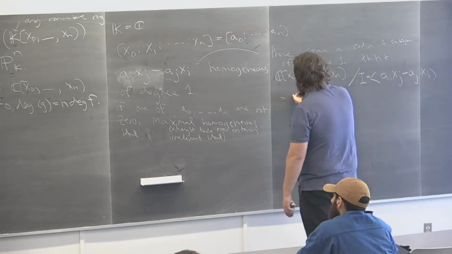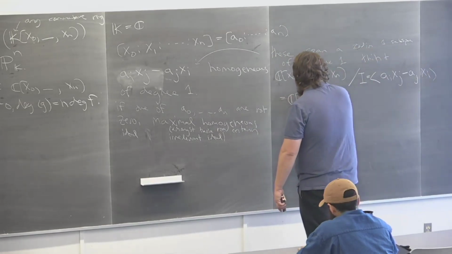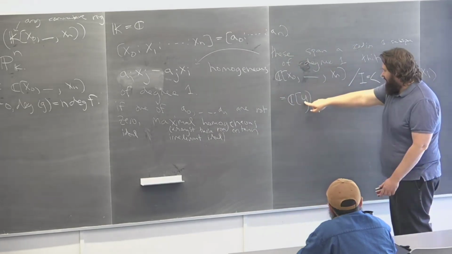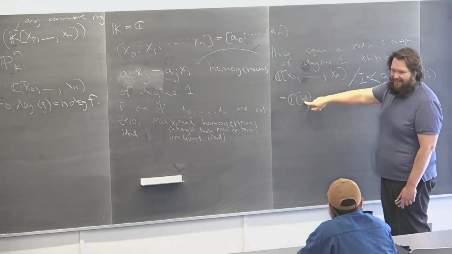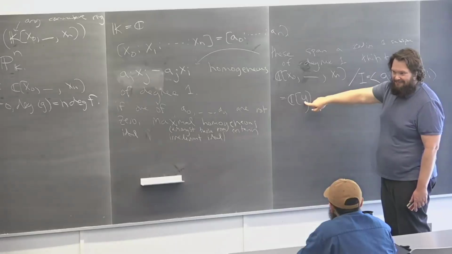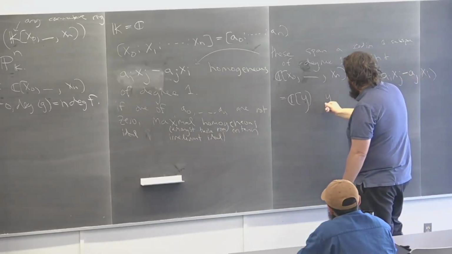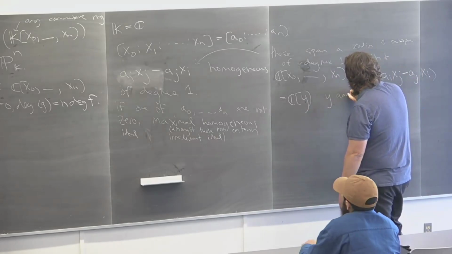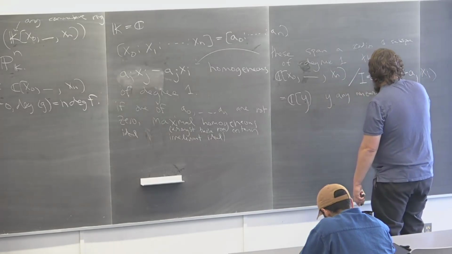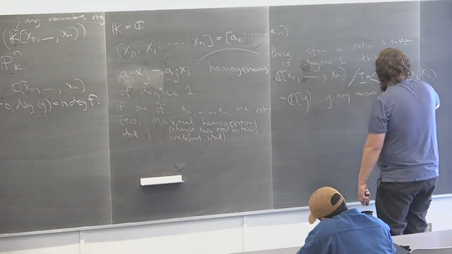This is going to be isomorphic to polynomials in one variable, where this y is, well, the image of one of the xi's, but I can't tell you which one it is, right? Y is just any non-zero element of the quotient, any non-zero element of degree 1.